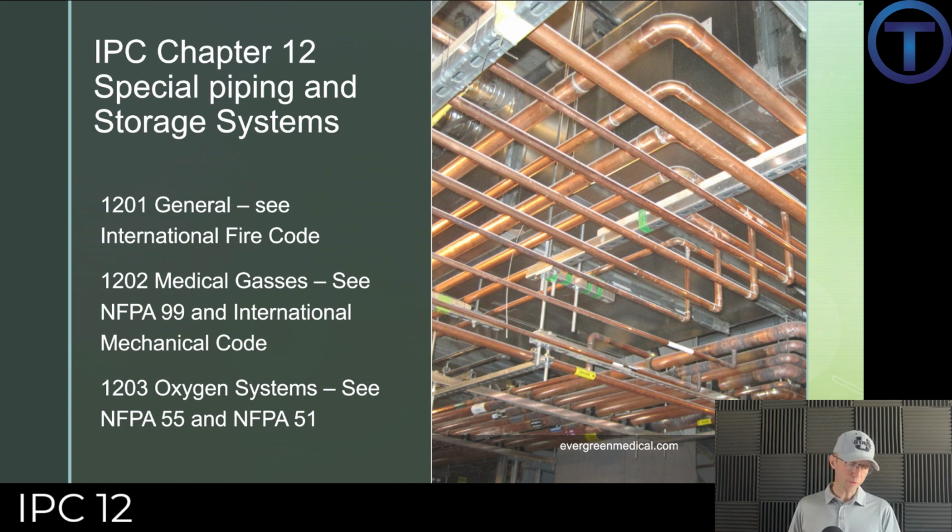And in 1203, it talks about the design and installation of non-medical oxygen systems, and it refers us to the NFPA 51 and the NFPA 55. So those are the things that you would need to look at if you want more information.